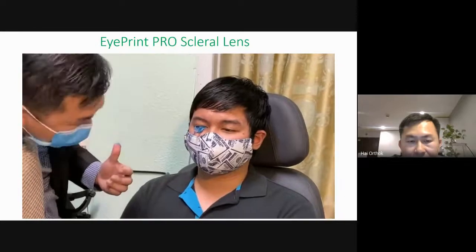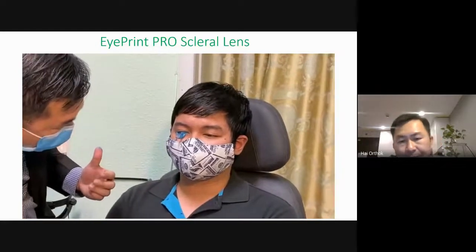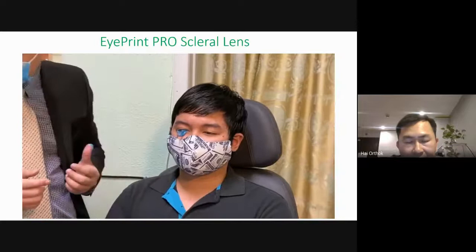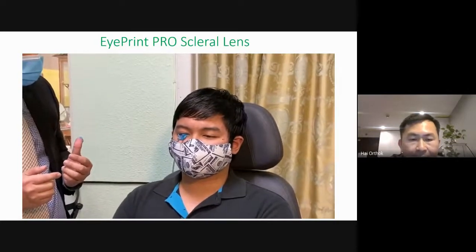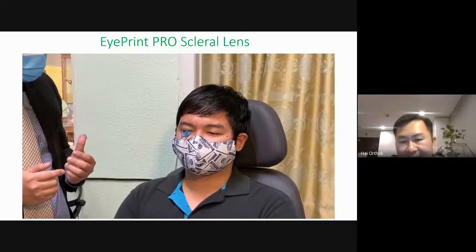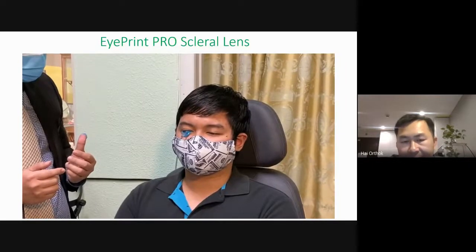We have to tell the patient to look straight forward at a position and not move the eye. We heard beep beep because that is the time the compound is ready and starts to dry, and we should not touch the lens or the template anymore.